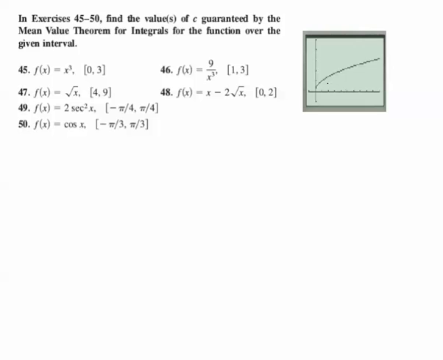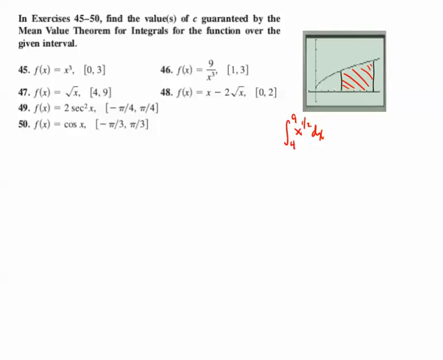Alright, so we want from 4 to 9. So 1, 2, 3, 4. And then 9 would be 5, 6, 7, 8, 9. So we know from what we've done so far that there is an area under this curve, and that would be equal to the integral from 4 to 9 of x to the 1/2 dx. And we can find that area.